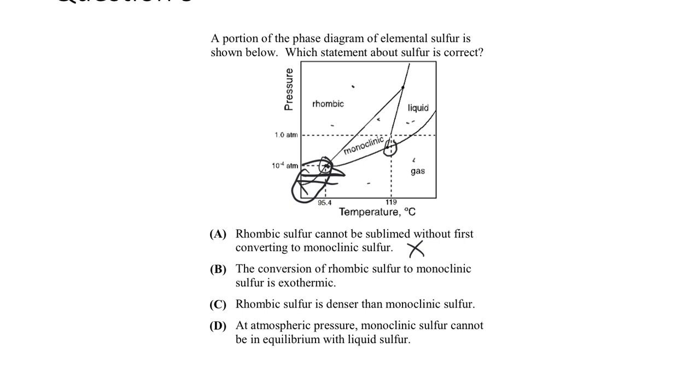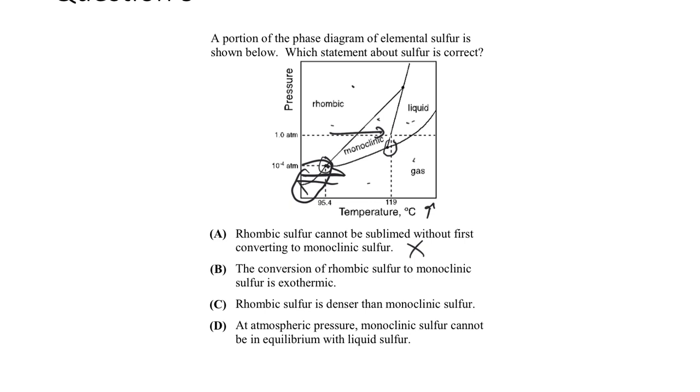monoclinic sulfur. The conversion of rhombic sulfur to monoclinic sulfur is exothermic. Let's think about that transition here. To go from rhombic to the monoclinic involves temperature increasing.